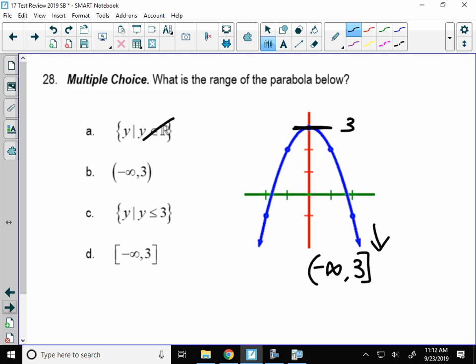So it's definitely not all real numbers because I cap out at 3 and not including all positives. B looks similar, but B has a parenthesis here, so that can't be right because I'm including 3. D, same thing, I have a bracket on infinity, that's not right. C is actually the correct way to think about it. All the y's less than or equal to 3, which is the same value.